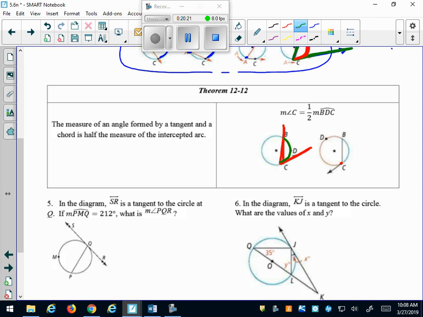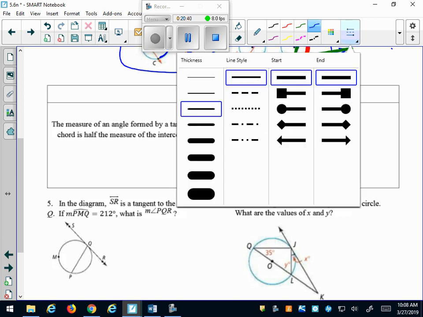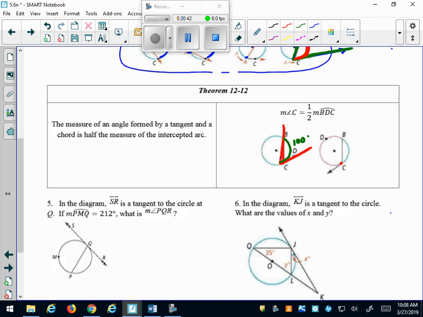Okay. Now, notice that if you do this the other way, so let's say that this arc that this alligator is swallowing is, let's call it 100 degrees, just for easy numbers. What would be the degree measure of this angle? Remember, it's still half the measure of the intercepted arc.